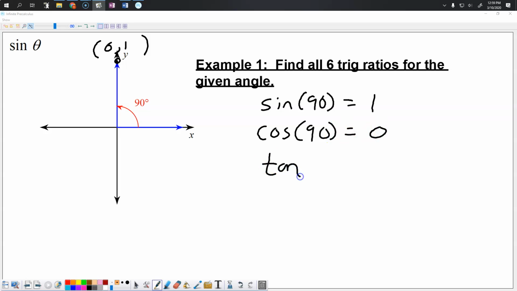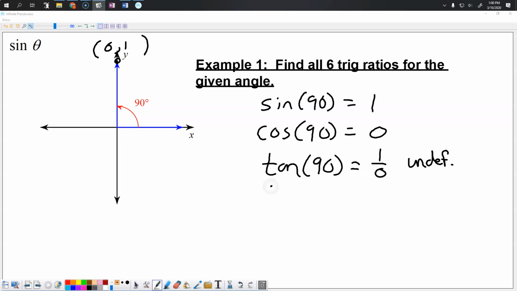What is tangent of 90? Yeah, good. So tangent is y over x, right? So if we put this, the answer is undefined. You can't have 0 on the bottom. Okay? There is no solution for that.